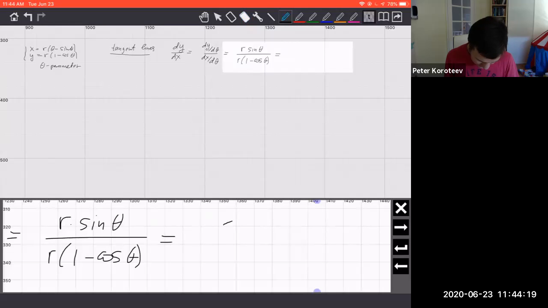So r cancels, and that gives us sine theta divided by 1 minus cosine theta.